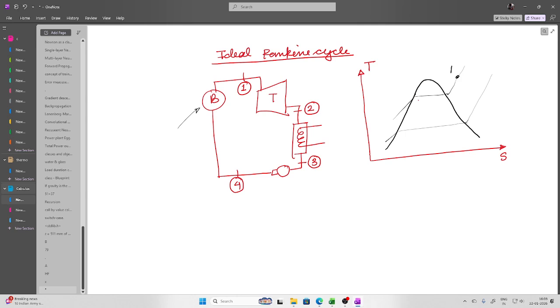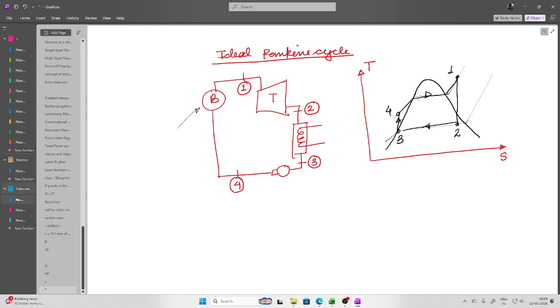Let's say this is point 1, then inside the turbine a reversible adiabatic process happens, so this is 1 to 2. Then comes heat rejection in the condenser, that is reversible isobaric, so it is 3. Then comes 4, that is a reversible adiabatic process in the pump, and then finally this one is the boiler process.